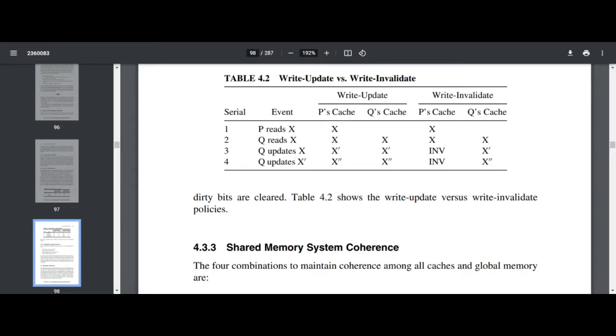Like previously the value of X is 5, so P knows 5, Q knows 5. The third step is Q says that X, which is actually 5, equals 5 plus 1. So this time the value of X becomes 6 over here. I'm discussing this step.